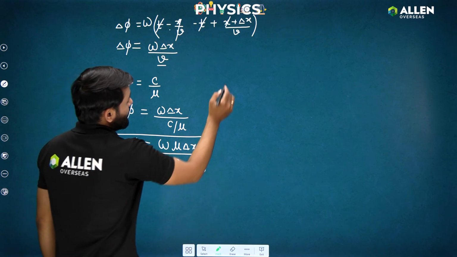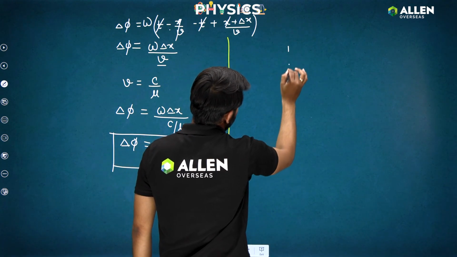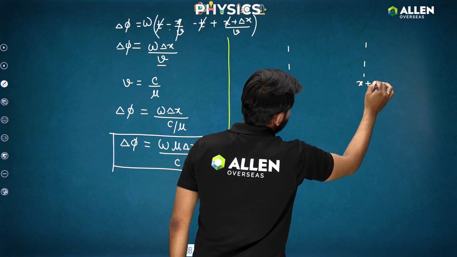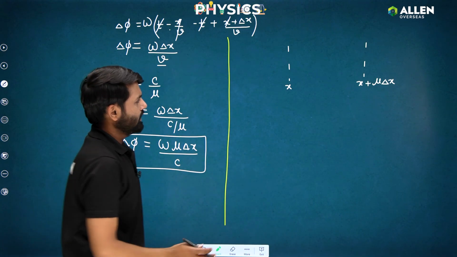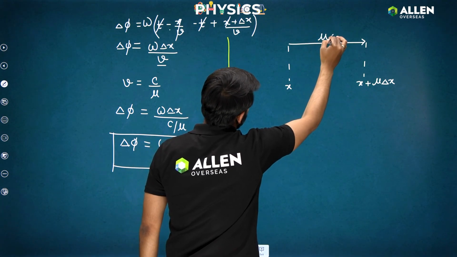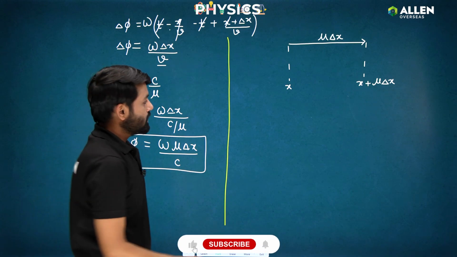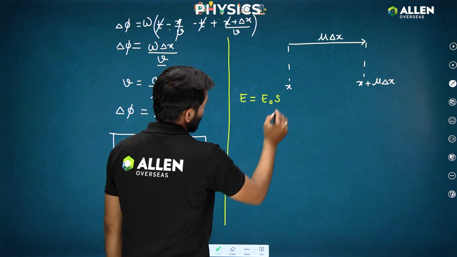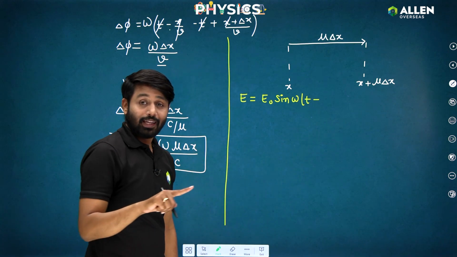Let's take air. Just see here. Let's suppose this is air and this is x and this is x plus, let's say, mu times delta x. Mu is any number, let's take. So you can see here this length is mu times delta x. If you again apply the wave equation, at x, E is equal to E naught sine omega t minus x by v.